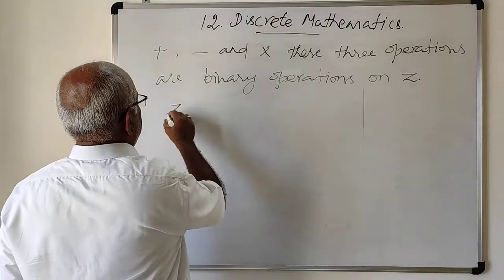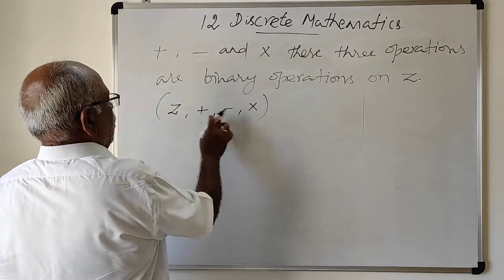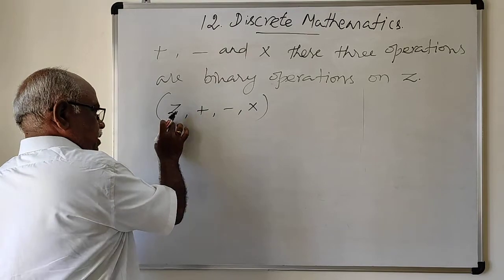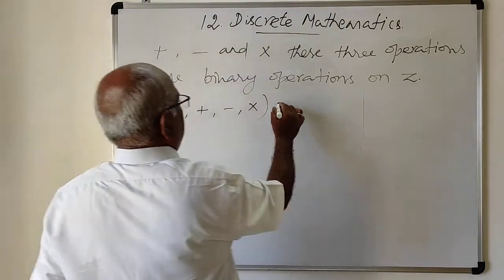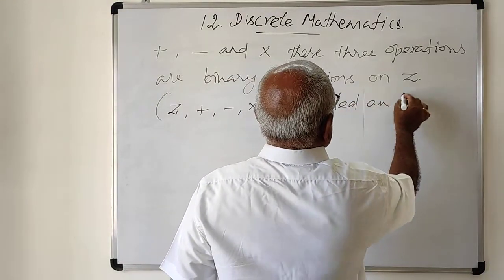Therefore, the set is Z and the operations plus, minus, and multiplication, three operations together with the non-empty integer set, this Z, plus, minus, times is called an algebraic structure.